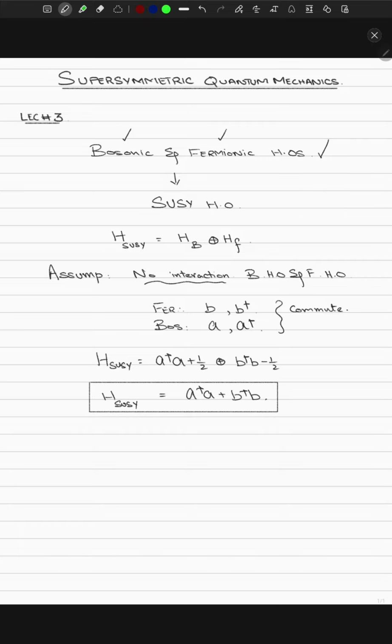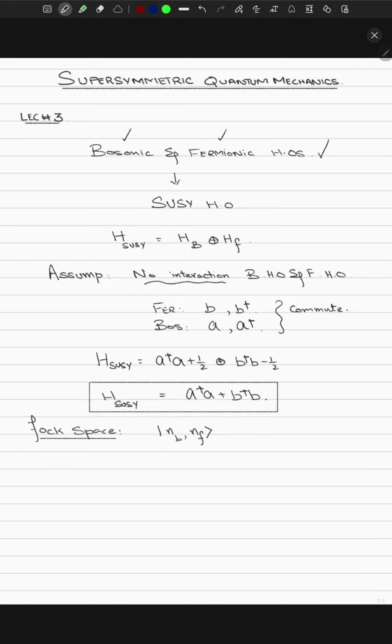Beautiful. Now we can talk about the Fock space for the supersymmetric harmonic oscillator, like we have talked about the Fock space for bosonic and fermionic oscillators as well. The Fock space for the supersymmetric harmonic oscillator is labeled by NB and NF, right? So this would be the state.